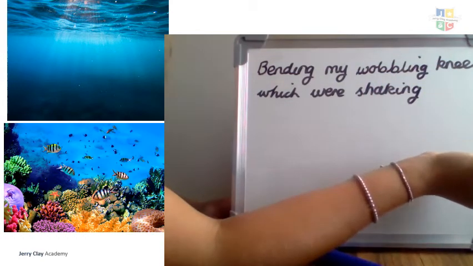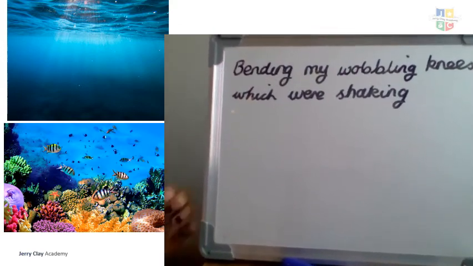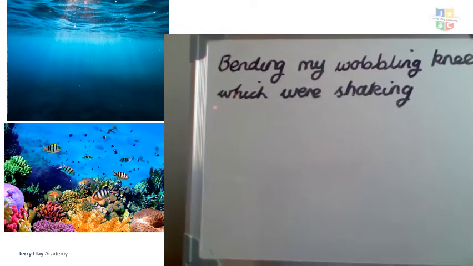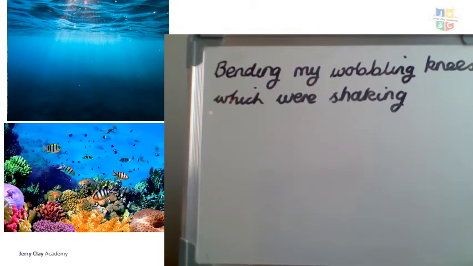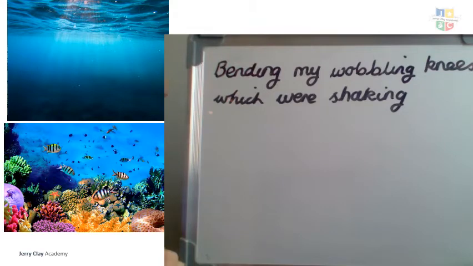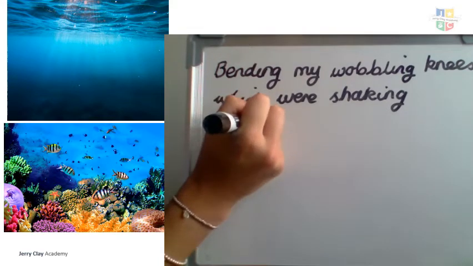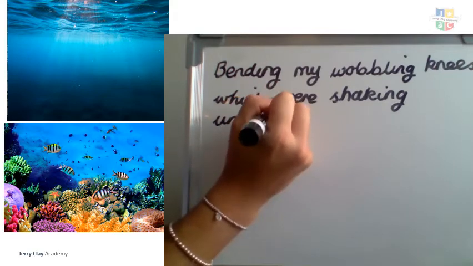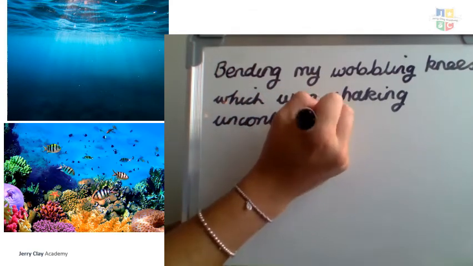I could even put a simile in there to say how it was shaking, like wobbling like a bowl of jelly. You can say how it was shaking. So bending my wobbling knees which were shaking uncontrollably. That means that I can't control them.